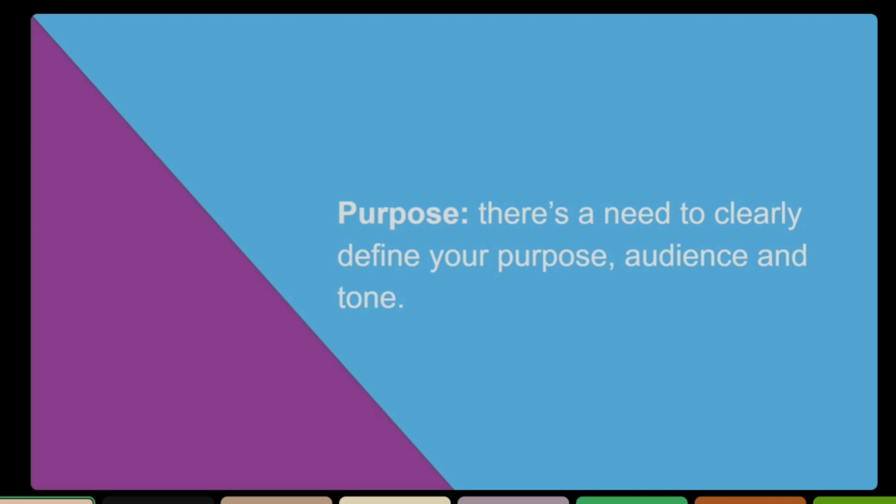Once you understand your purpose, you have a better knowledge of what you can write in that proposal. And once you have a purpose, you're not only helping yourself, you're also helping the reader understand what your proposal is about.